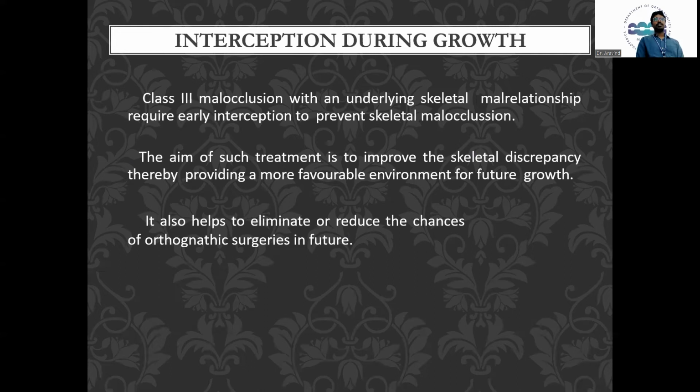The aim of such treatment is to improve the skeletal discrepancy, thereby providing a more favorable environment for future growth. It also helps in eliminating or reducing the chances of orthognathic surgeries in the future. By intercepting class 3 malocclusion during the growth period, we can prevent the patient from undergoing further surgical procedures once the growth is complete, and we can save the cost, the time and other related factors for the patient.